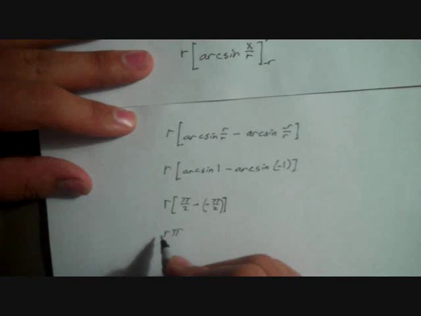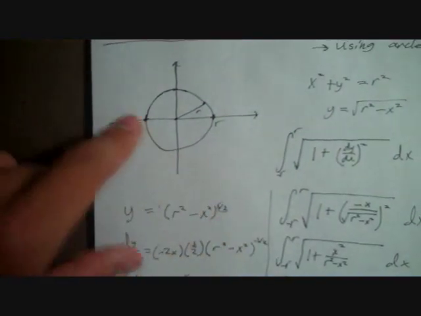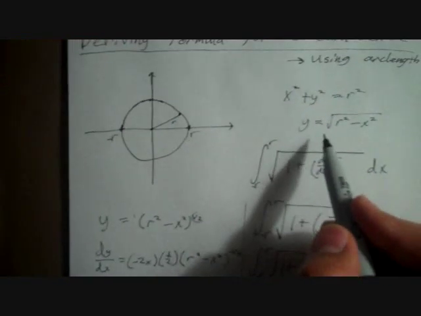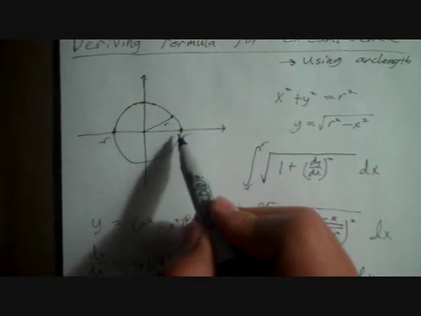Okay? Wait a minute, isn't the formula for circumference 2 pi r? What happened? Remember, this formula that we used to get our dy/dx is for just this top half.